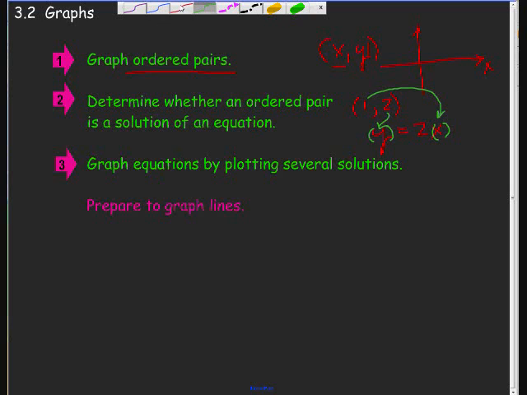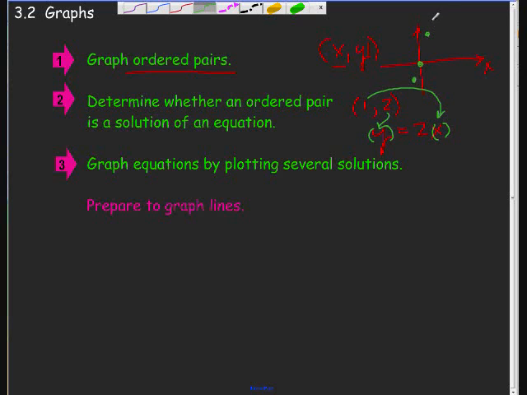And finally, we'll graph equations by plotting several solutions for that equation. So we might find we've got a point right here, and we've got a point right here, we've got a point right here.